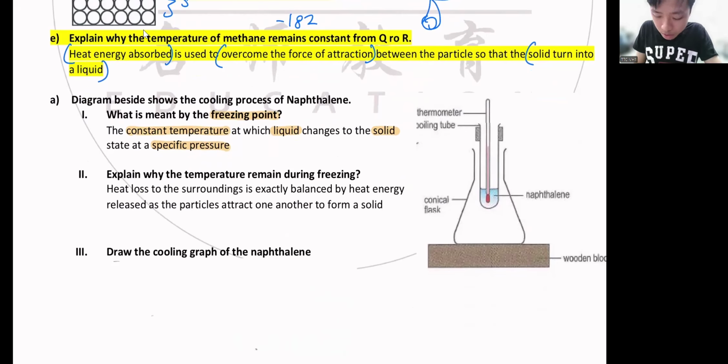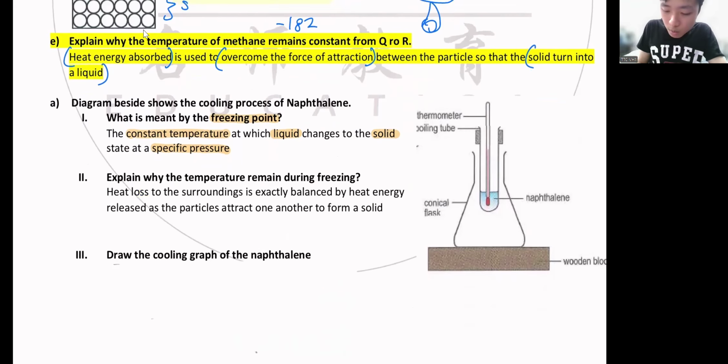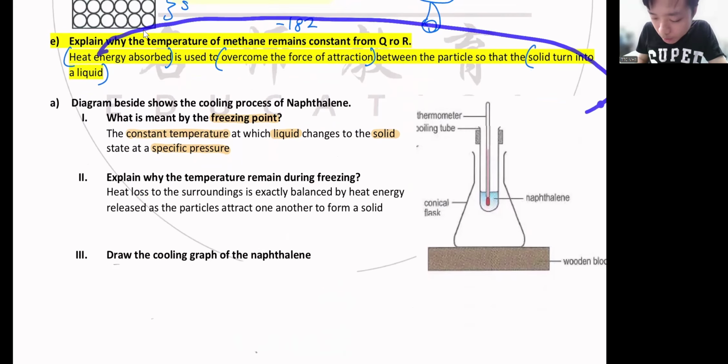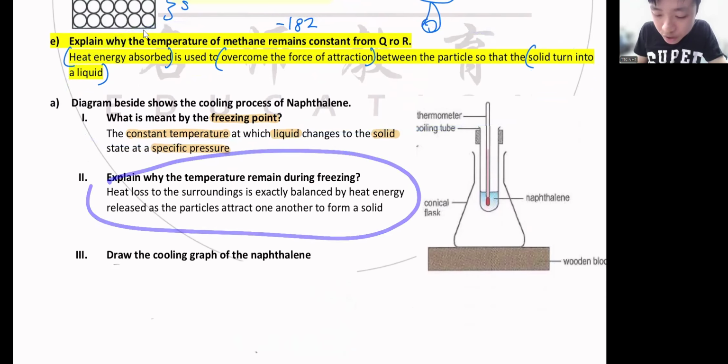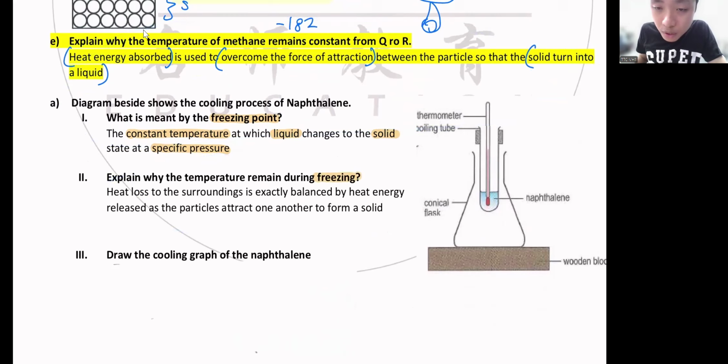Because now you see when you have heating, the answer scheme is this. For cooling, for freezing, there's a bit of a different explanation. Okay, so heat loss to the surrounding is exactly balanced by the heat energy released as particles attract each other to form solid. Okay.